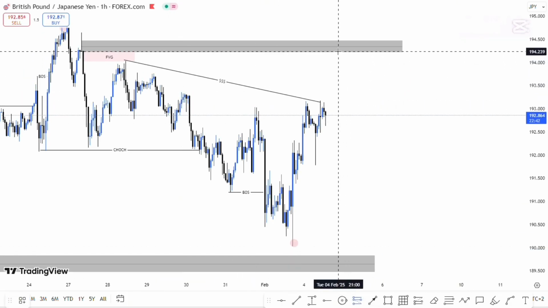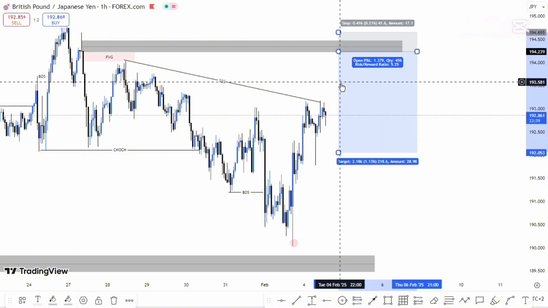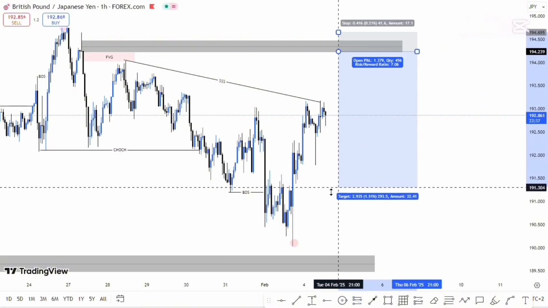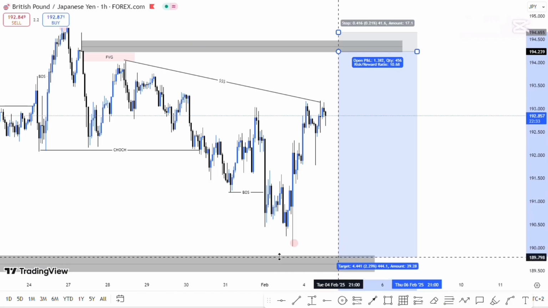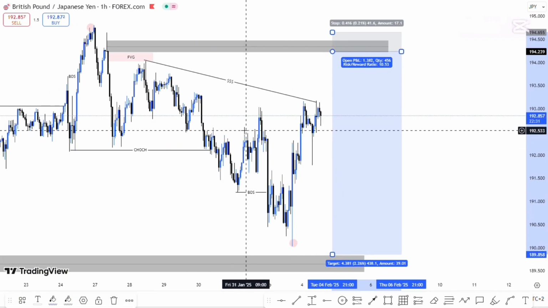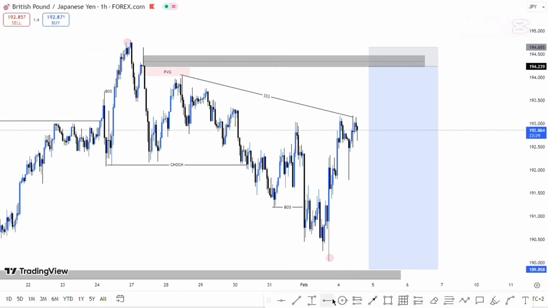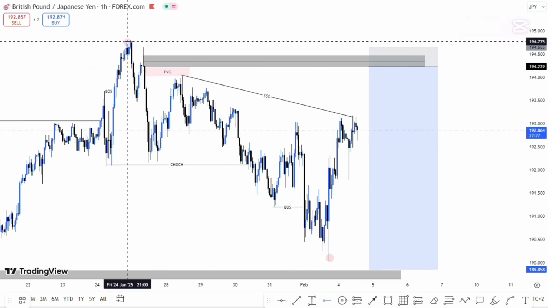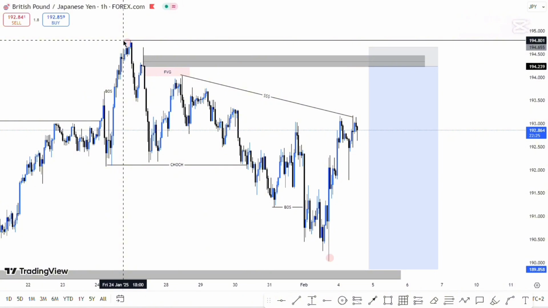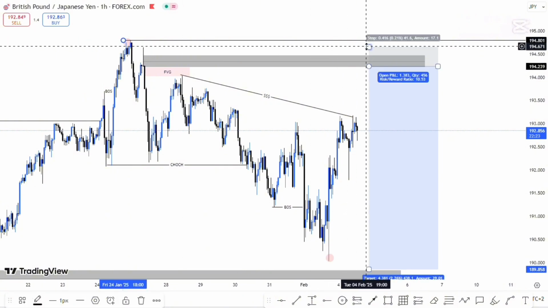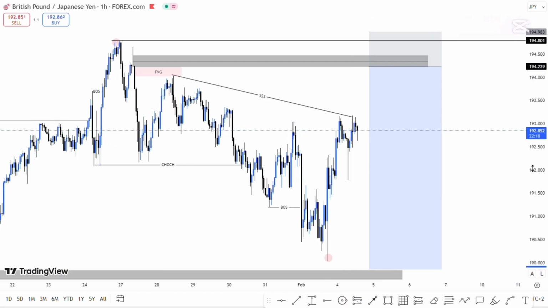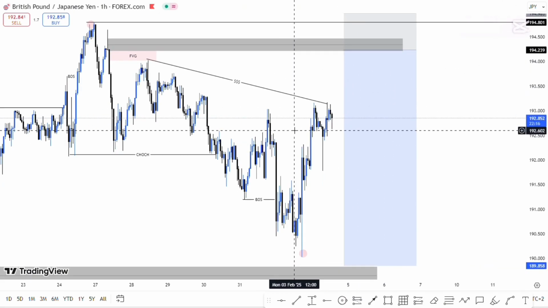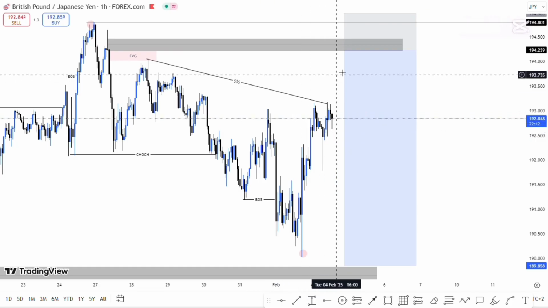And now we'll be trying to short from this point, taking price to this bullish OB. Our stop loss will just be above the previous high, which is the rejection wick right there. So we'll be trying to sell from that point.